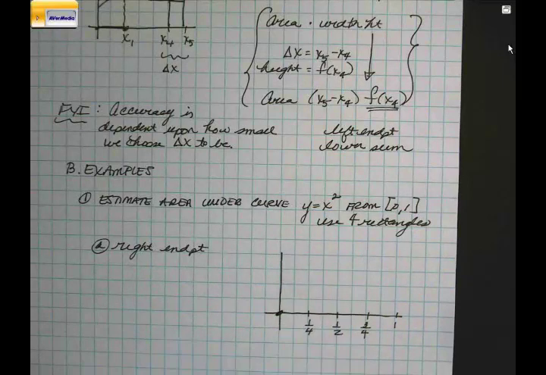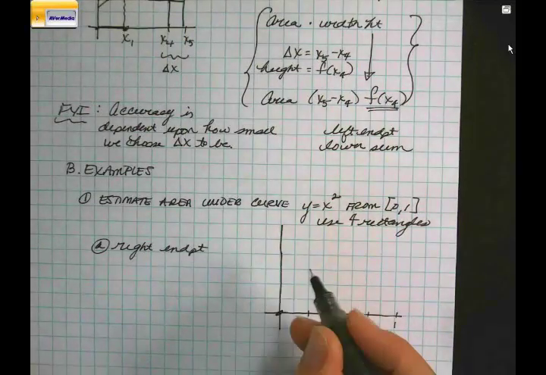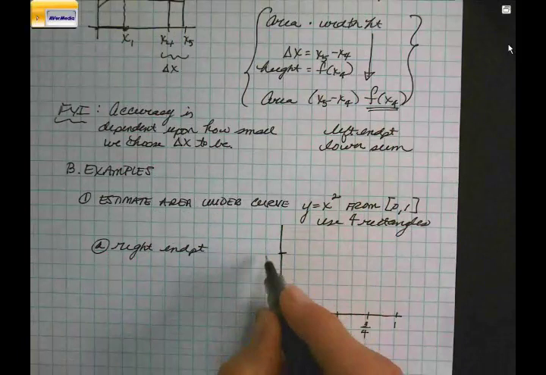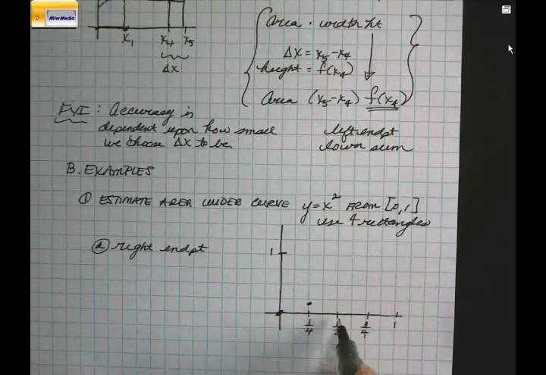Well, at 0, x squared is 0. At 1/4, it's only 1/16. It's tiny, tiny. Oh, that's lousy.